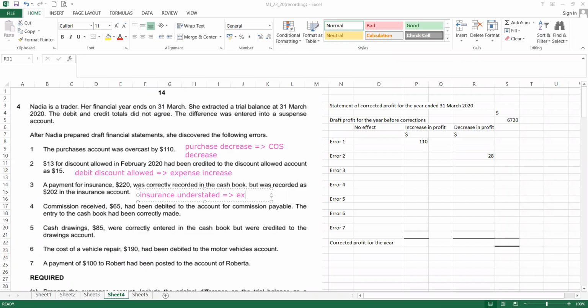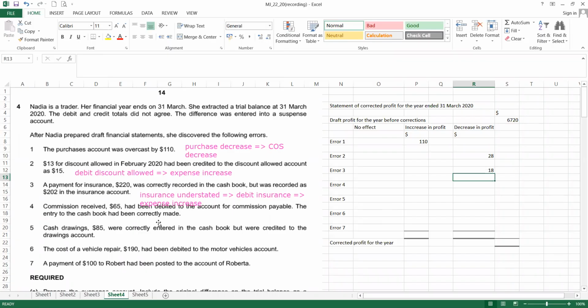When we debit insurance, expenses increase, so profit will decrease. So this is the impact for it. So in here, 220 minus 202.